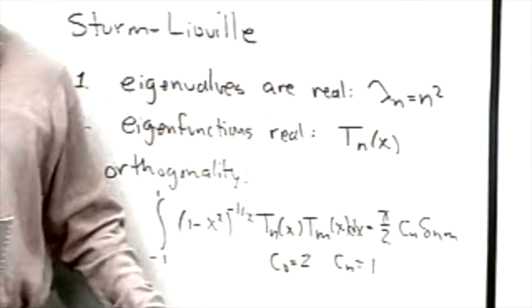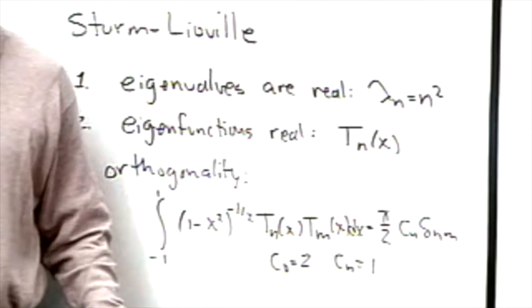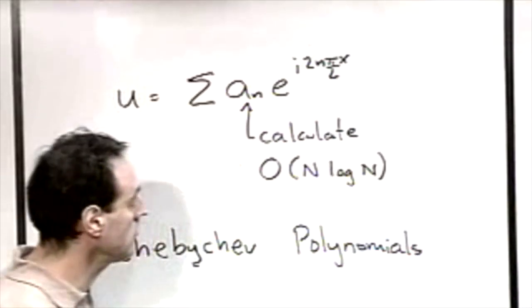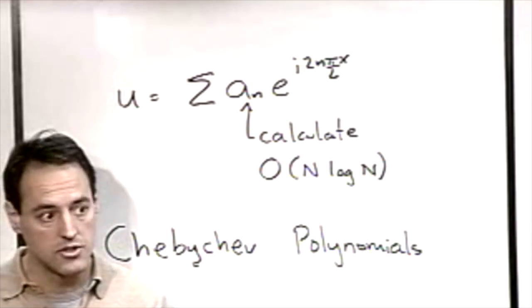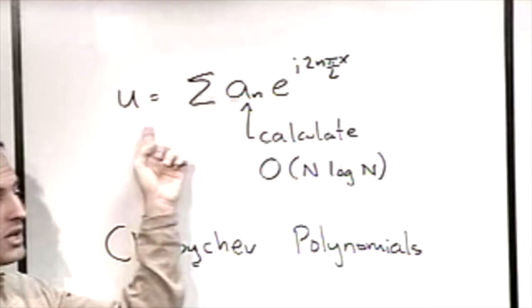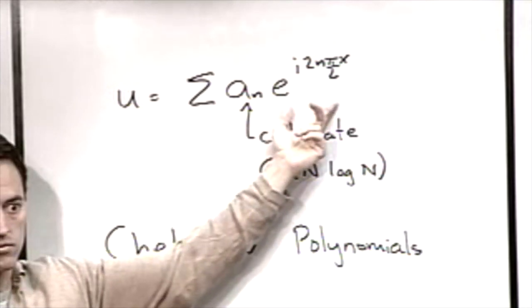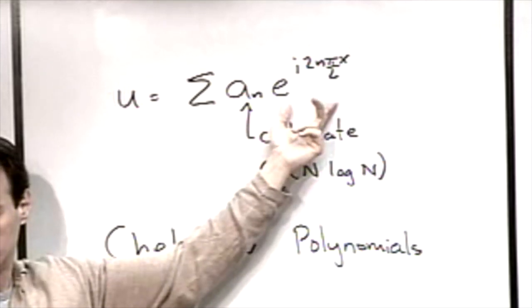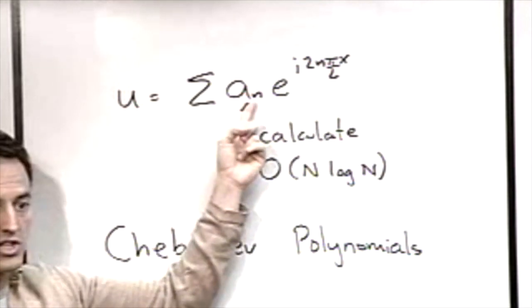So, these are mathematical things. What do they mean for us when we solve something? Let's go back up to what we were talking about here. When you do a Fourier expansion, your whole idea is to say, I take a function, I expand it out in terms of cosines and sines. That's what I want to do. And the only thing I've got to calculate when I do this expansion is the a of n's.